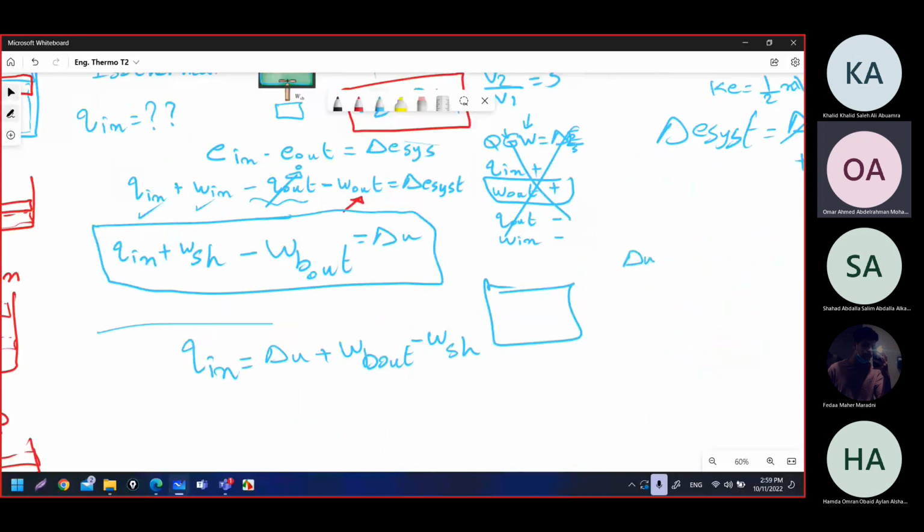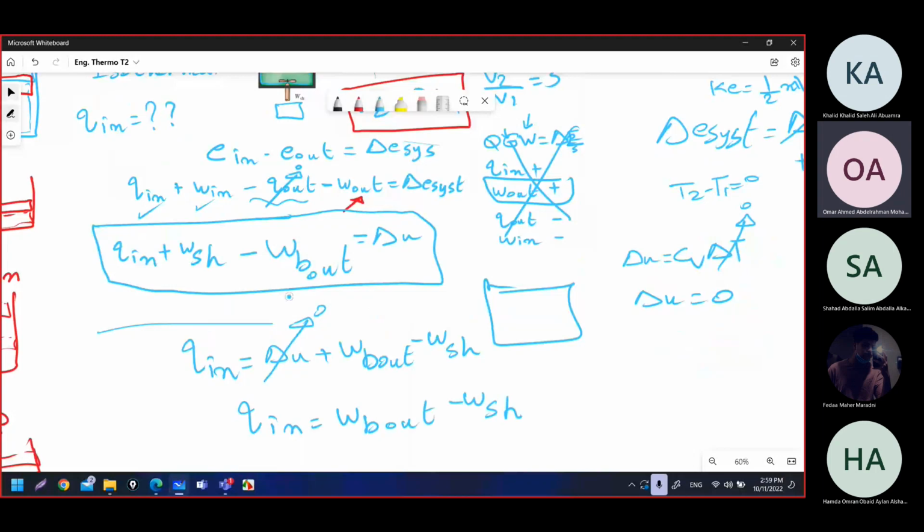Because for delta U you have an equation related to the specific heat at constant volume: delta U is equal to Cv delta T. And delta T is 0 because T2 minus T1 is equal to 0, they are equal to each other. We have isothermal, so delta U is equal to 0. So I will cancel delta U from my equation. The remaining is Q in is equal to the boundary work out minus the shaft work.